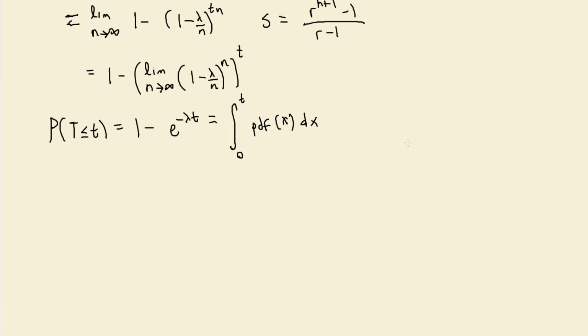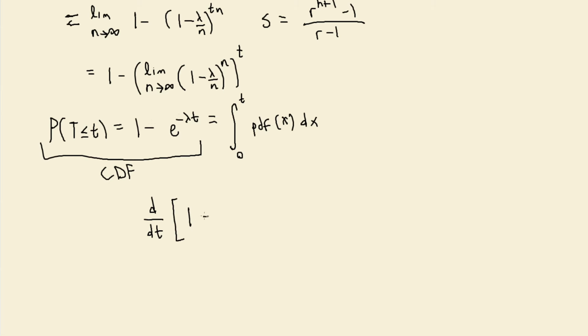And so in doing all this work to discover the cumulative distribution function here, this value here, this is the CDF, then we have immediately, actually, we have derived the probability density function as well. All we need to do is differentiate this with respect to t. And so if we differentiate with respect to t, this integral here, we'll just get the PDF evaluated at t, but this integral here is equal to the cumulative distribution function.